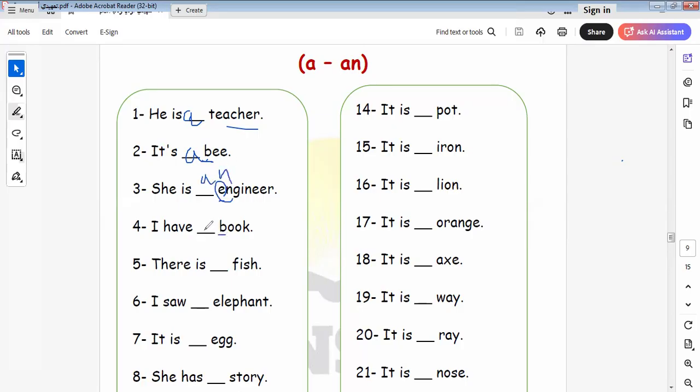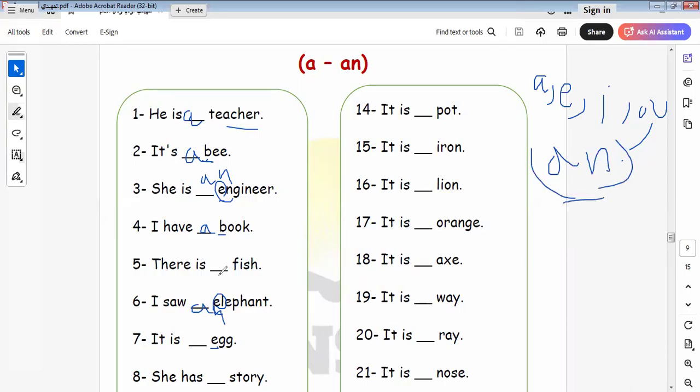Here is a book, consonant sound. Takes a. Elephant, to be an. Egg. Why? Because we have E. And I would like to remind you of the vowel sounds: A, E, I, O, U. The vowel sound takes what? Takes an. Okay. Consonant sound takes a. Here it will be an. Here is she has a story.